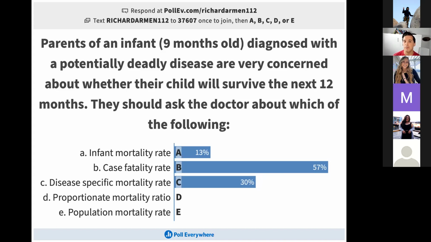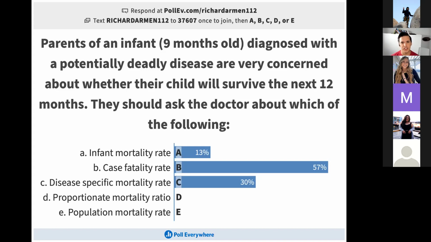But again, that all depends on the context. For these particular parents, if their infant was diagnosed with the disease and they were told the case fatality rate was 1% of the 2,000 people who get it every year, they could probably take a sigh of relief and say, okay, this is not that severe.